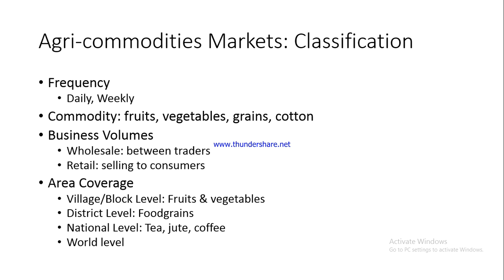As far as the district level markets are concerned, generally the food grains are exchanged in these markets. Then we've got national level market, where the agri-commodities are bought by one state and sold by another state. So the exchange takes place between different states. For example, if you look at some commodities like tea or coffee, you would find that their production is localized. They are not produced throughout the country.